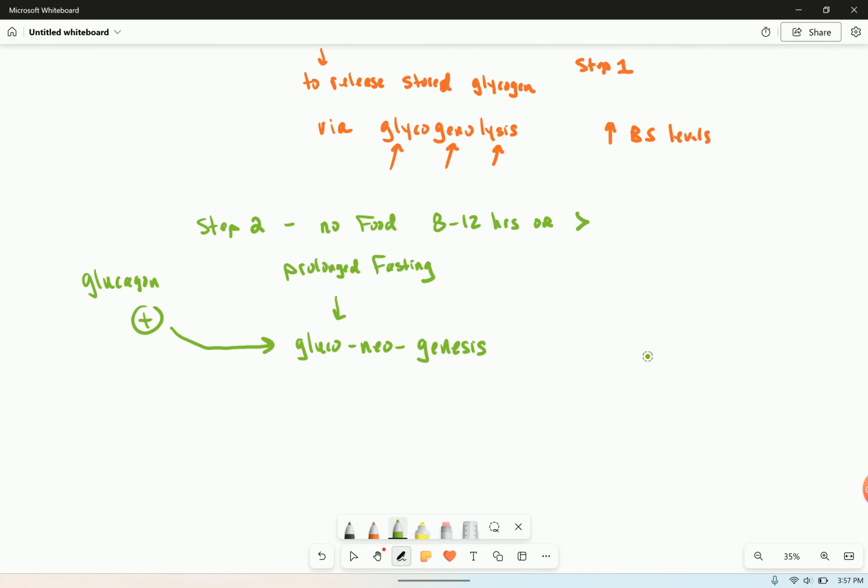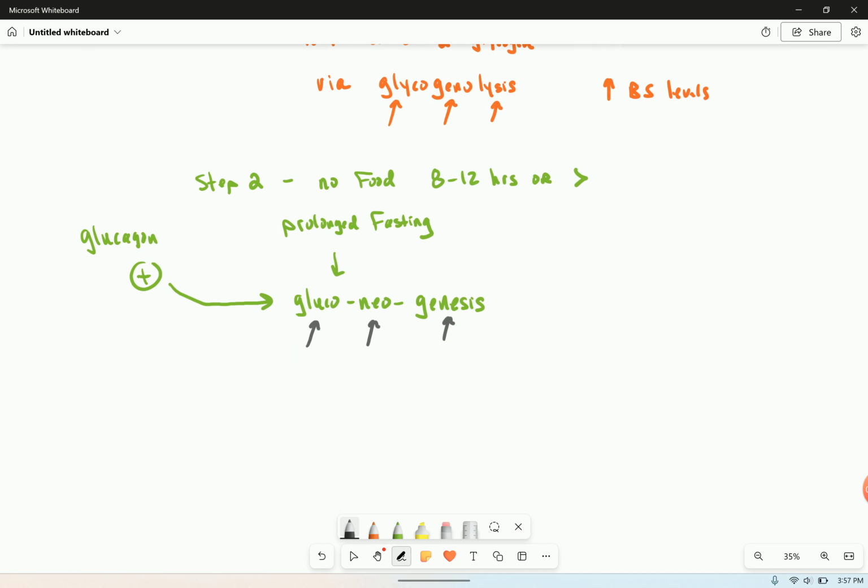Now, I spread that word out on purpose, the prefix, suffix, and root word. Glucose is sugar, neo is new, and genesis is the beginning of or the creation of. So you are making a new sugar from a non-carbohydrate product. This is the making of glucose from a non-sugar product.